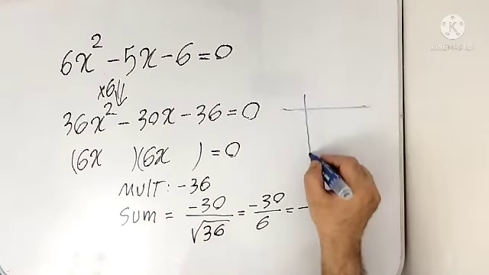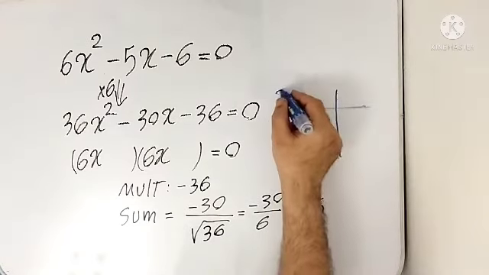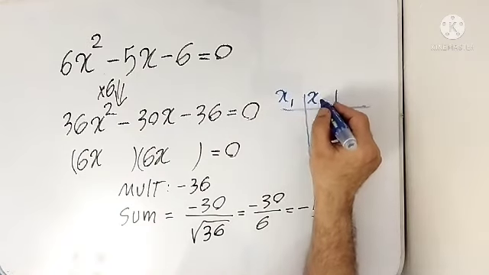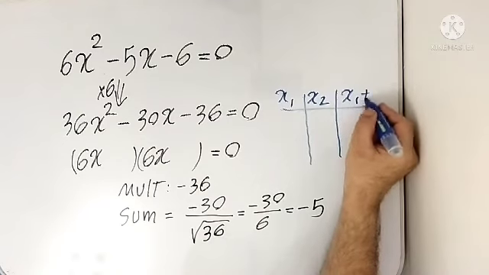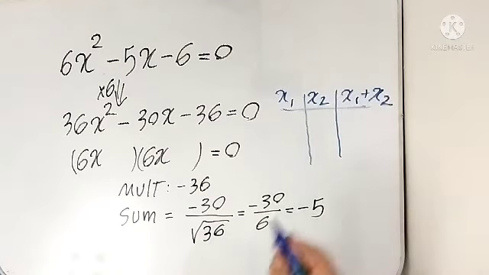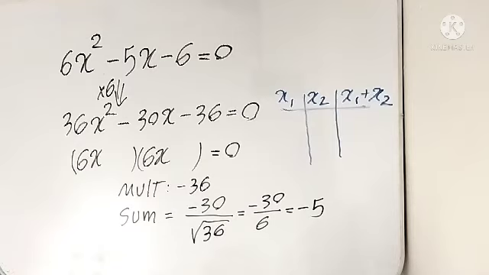When we make a list, we must consider this result: we want two numbers with different signs that multiply to minus 36 where the negative number is stronger.